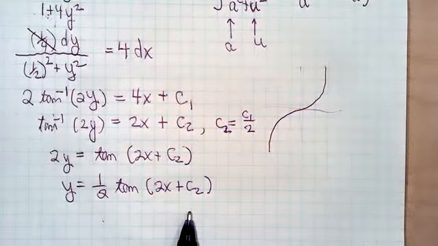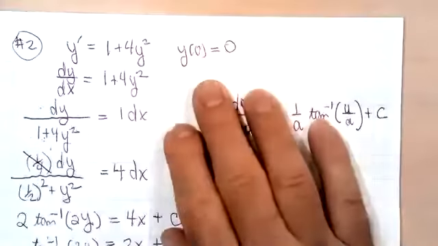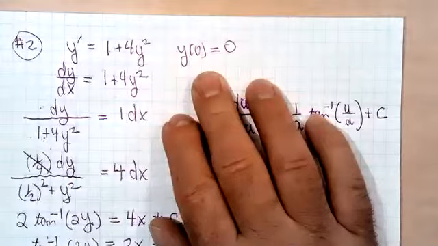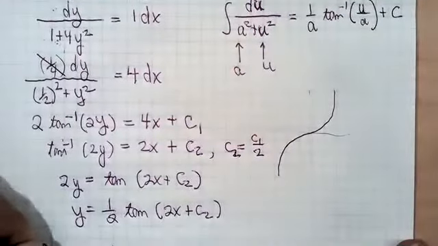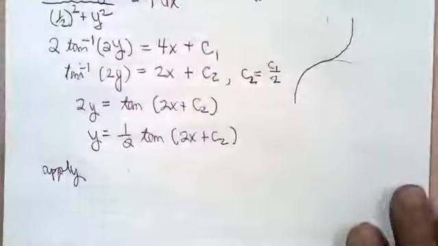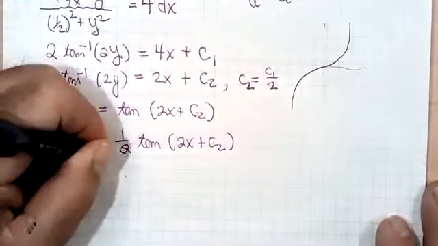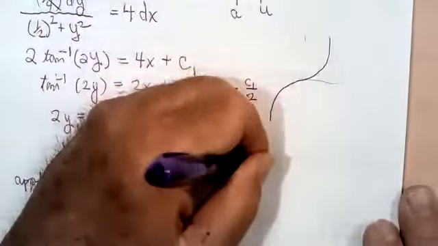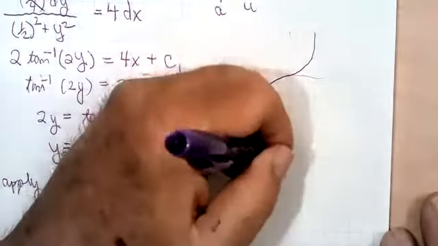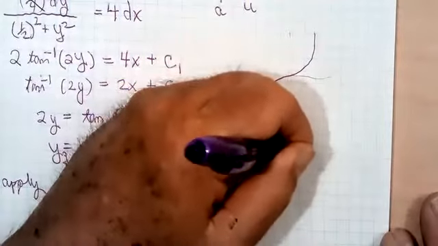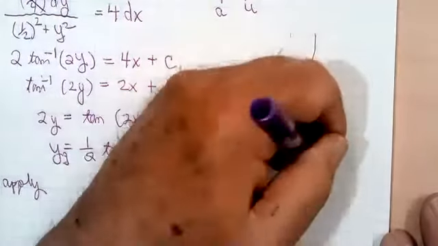Let's see. We have not yet applied our initial condition: y at 0 is equal to 0. By the way, a lot of people would mark this as a y sub g. I'm writing so tiny there, you probably can't see it. y_g means general solution. That's what the G is.